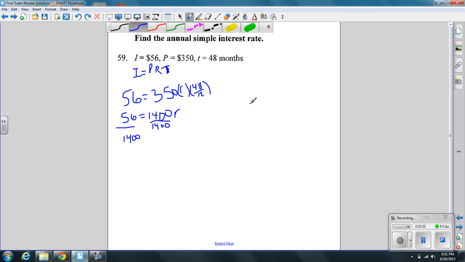So remember, we're going to divide this. How many 1,400s are in 56? None. 560, none. 5,600. I get an answer of 4.